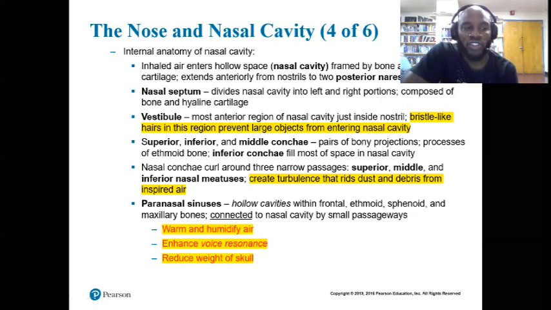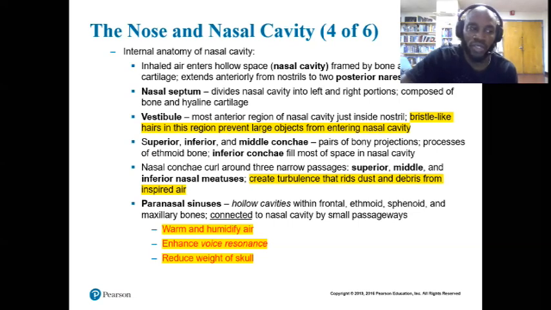Really quickly, and we haven't talked too much about this, but one of the issues with the nasal septum that comes to mind is when someone chooses to inhale drugs through their nose, what they call snorting. It can damage your nasal septum.